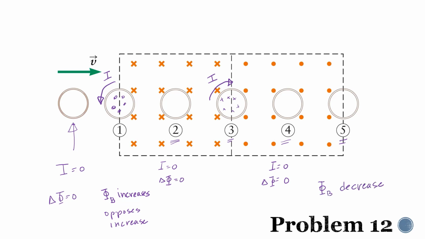I want to oppose that decrease, and so to do that, the current is going to set itself up in such a way as to have field lines that match the field it's leaving, trying to maintain. And so I push upward through the middle of the loop with my fingers, and the current then is in the counterclockwise direction.